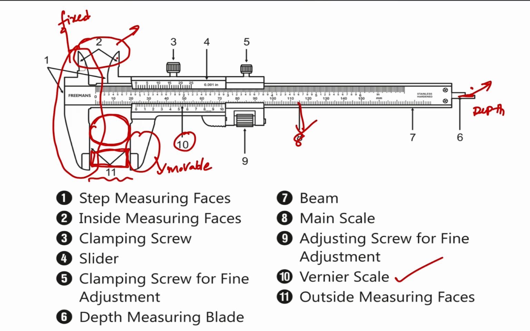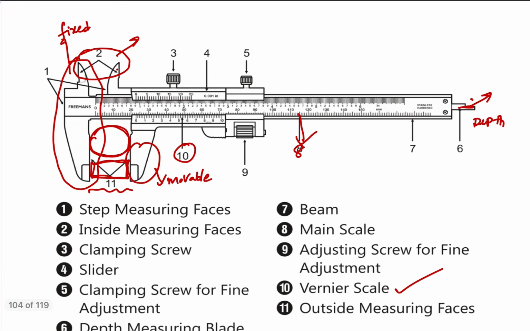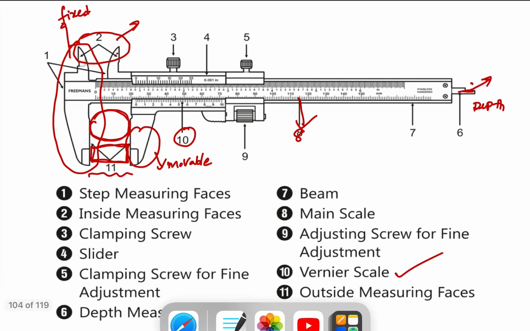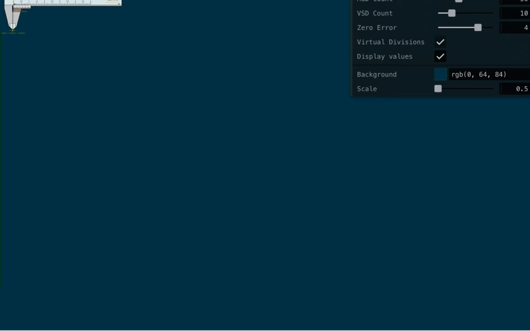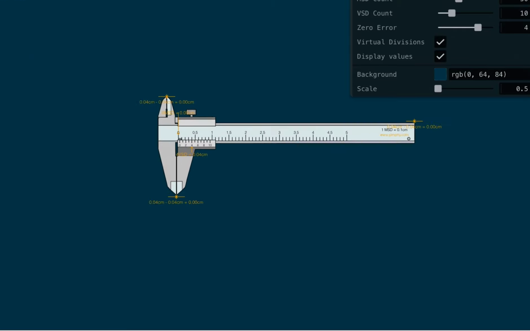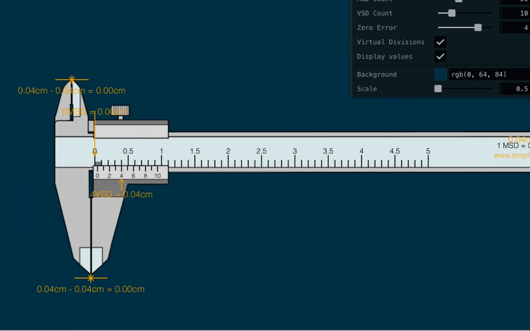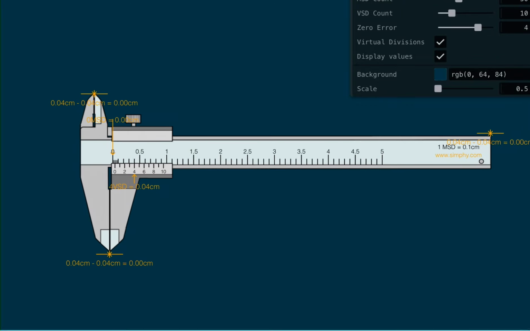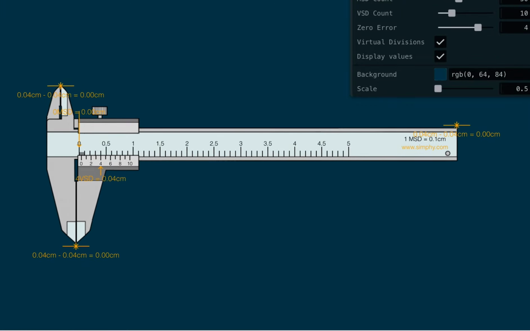Now before showing this, I will show other things also. Observe this. This is a vernier calipers. In this vernier calipers, I have taken 10 divisions on the vernier scale, 0 to 10.